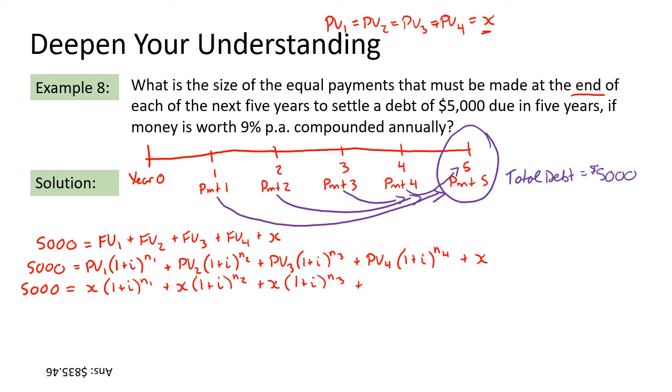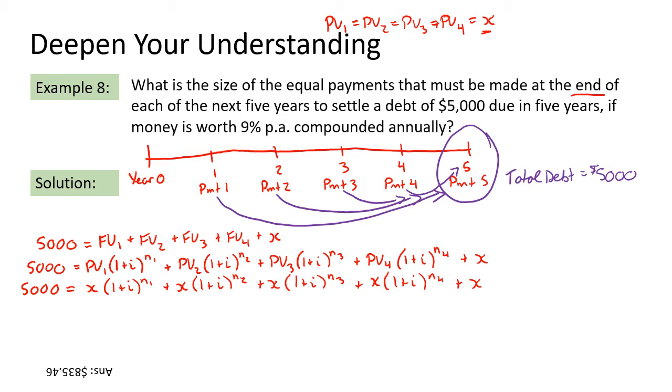So for payment 4, x times 1 plus i to the n4 plus x. Okay, so this formula looks very daunting because it's such a long formula, but really all we're doing is a future value calculation for each of these items.